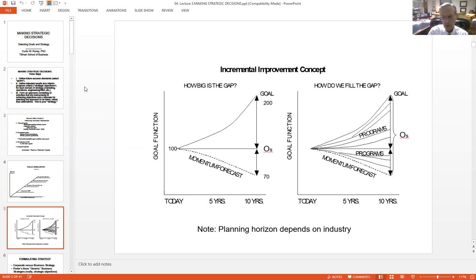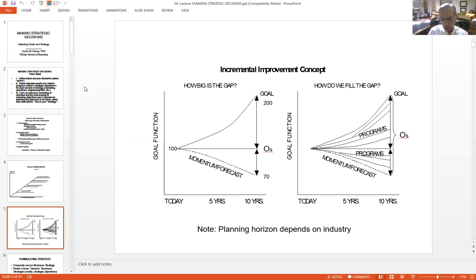So if we started out with sales of $100 million, just for instance, maybe in 10 years, and I imagine today it would be sooner than that, we'd have a 30% decline and our sales would end up at 70 if we don't change strategy. On the other hand, by looking at the growth of our market and our market share objectives, we decide that in order to have an acceptable market share 10 years from now, we have to have sales of $200 million, twice as great as today.